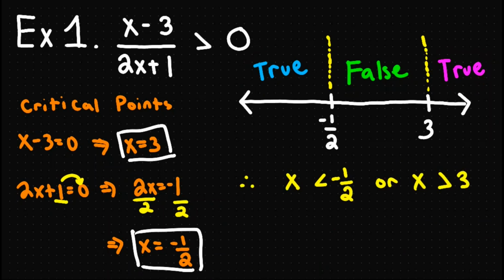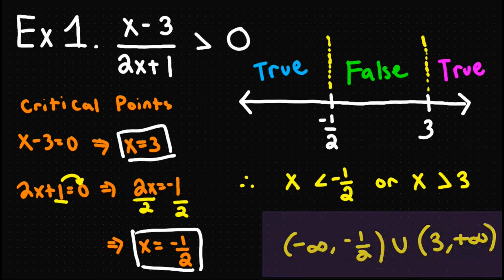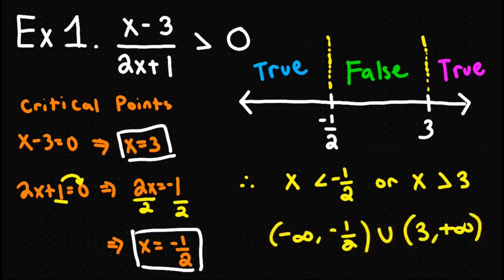In interval notation, that is negative infinity to negative 1/2 union 3 to positive infinity. That is our answer. So just take note here that we had a strict inequality in the given. That is why on our answer we still have strict inequalities.